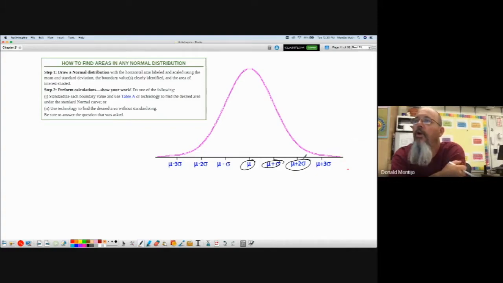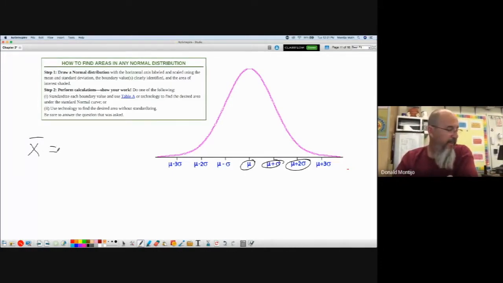Then what we're going to do is perform a calculation. We are going to standardize the value, meaning z-score. Z-score is a standardized value. So if we go back and look at the original data set from our test scores early on, the one that we used over and over again, it had a mean of 35.44 and a standard deviation of 8.77.